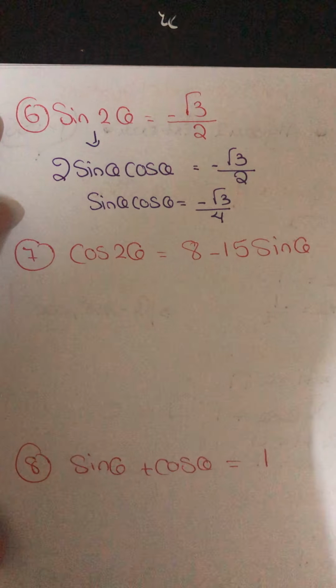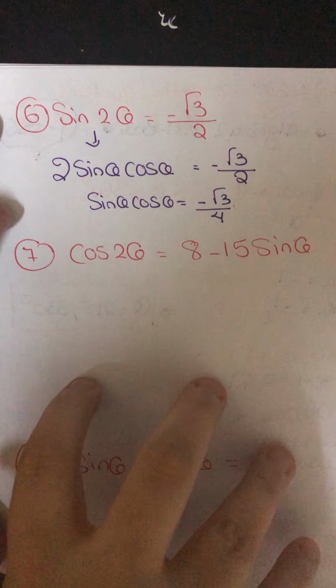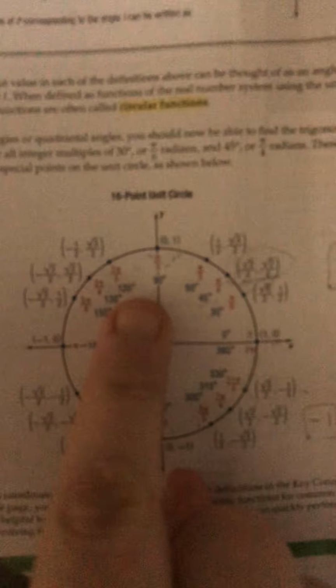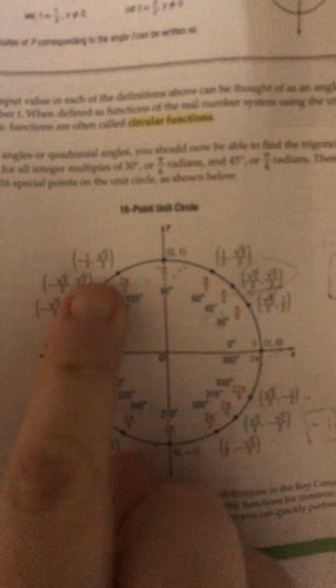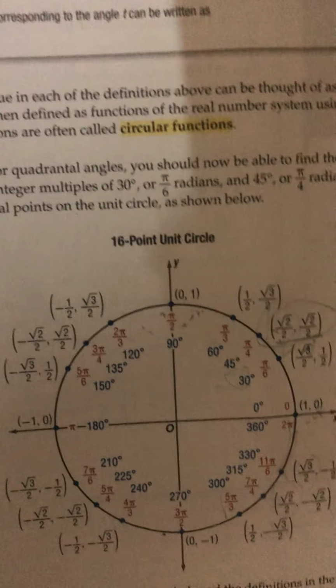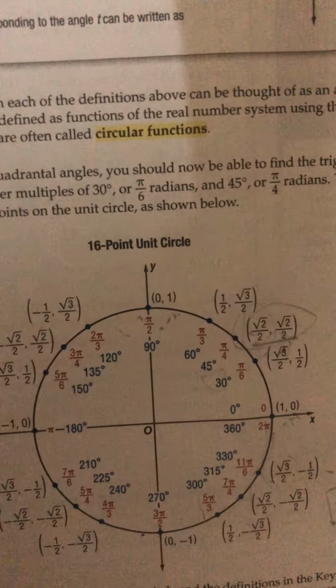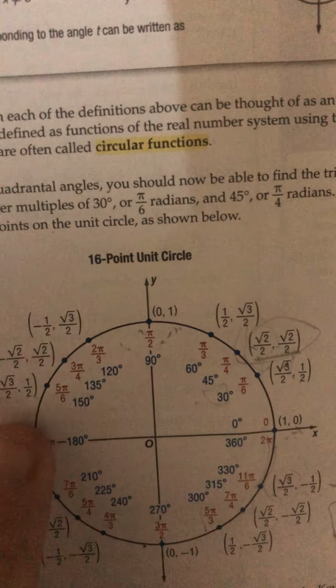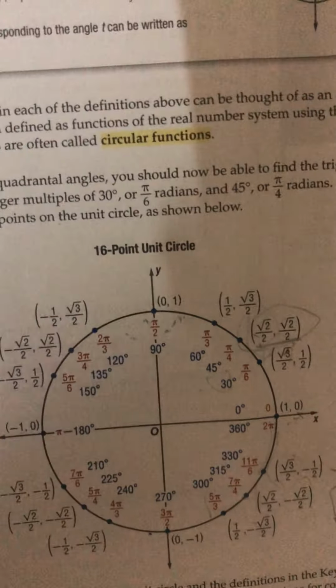This happens 4 times on the unit circle. Okay, so the first one is at 120 degrees. Over here, if I multiply root of 3 over 2 times negative half, these coordinates, one positive and one negative, would give me a negative root of 3 over 4. So 120 would work, and also 150 would work. If I multiply these, I'm gonna get negative root of 3 over 4.